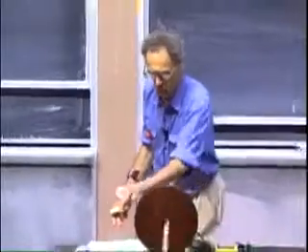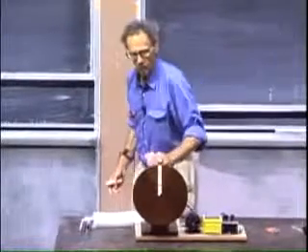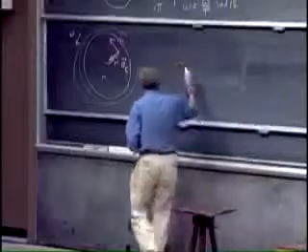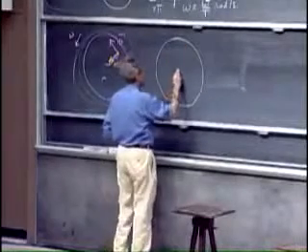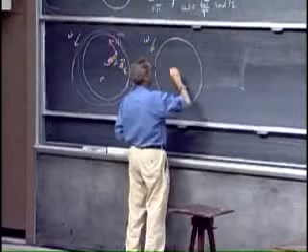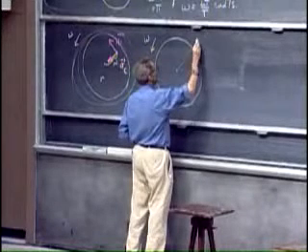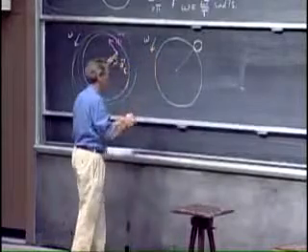I have here a disk which we will rotate, and at the edge of the disk we have a little ball. And the ball is attached to that disk with a string. So now this is vertical, and this is going to go around with angular velocity omega, and we have a string here attached to this ball, and the whole thing is going around.